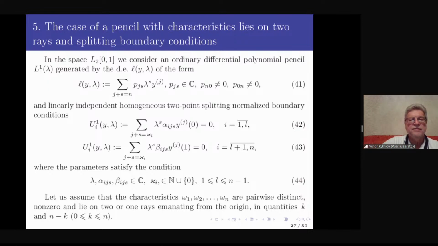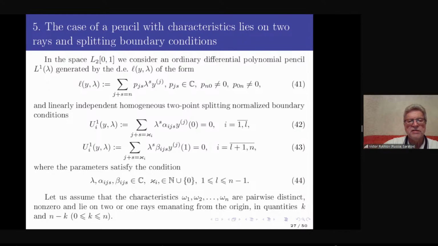In the space L2(0,1), we consider an ordinary differential polynomial pencil L1 of lambda generated by differential expression l of y, lambda of the form 41 and linearly independent homogeneous two-point splitting normalized boundary conditions 42, 43, 44 at the point 0, 43 at the point 1, where the parameters satisfy the conditions 44.